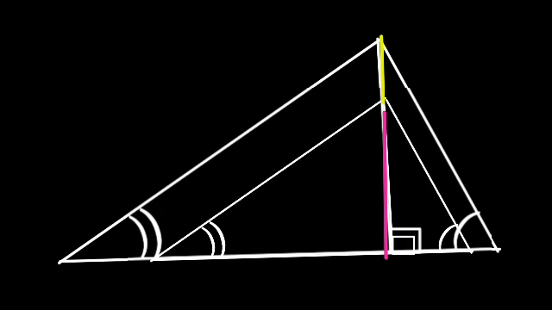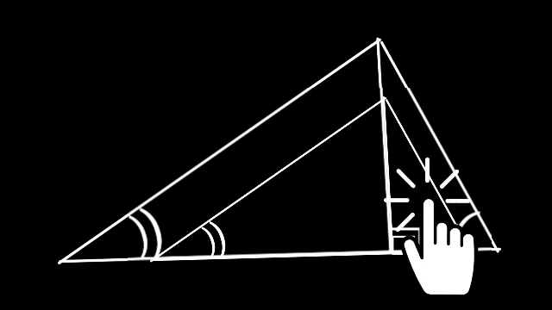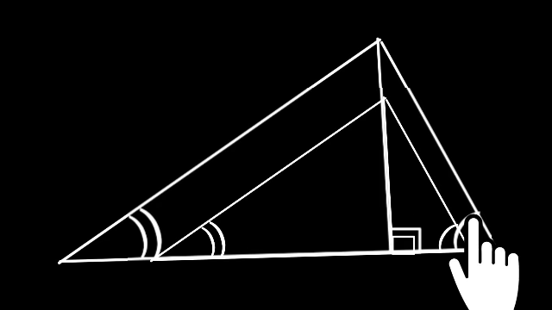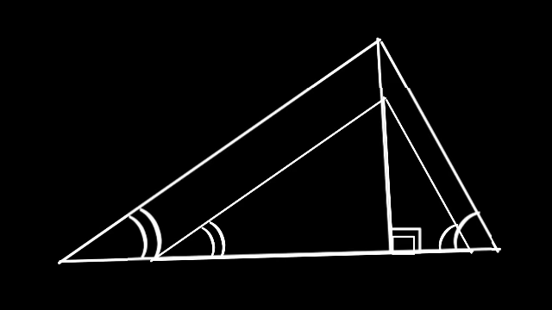Thus, in this figure, on the right hand side, both right angle triangles are similar to each other. Hence, by the BPT theorem, we can write that the ratio of this segment is equal to the ratio of this segment.